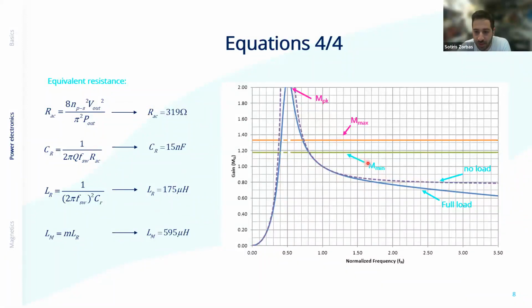You can see the minimum gain 1.18 that we calculated. The maximum gain is 1.33. Actually, if you add that tolerance that I mentioned before, that would take us right there. This is the frequency operating window that we have selected. You can see 2 curves here. One curve is the dashed curve, which is the no load condition. Under no load, the gain goes way up.